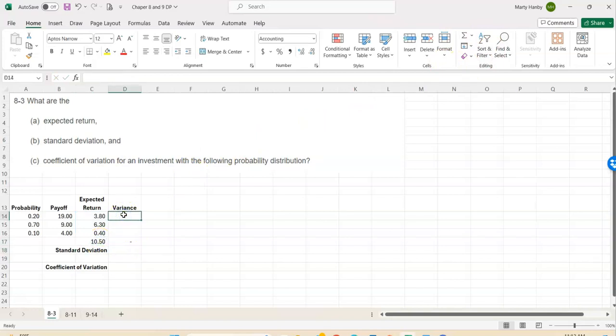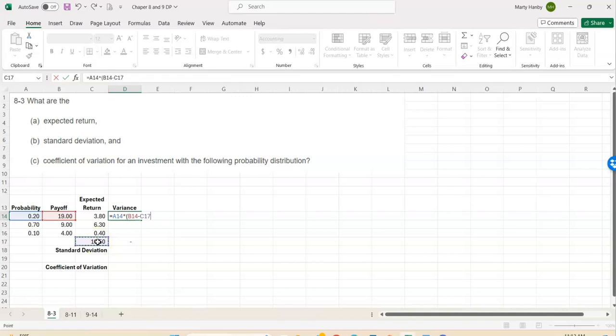Now to calculate the variance, I simply take the probability. I'm going to calculate the individual variance for each state, and then we're going to sum them. So it's the probability times the payoff minus the expected return overall.